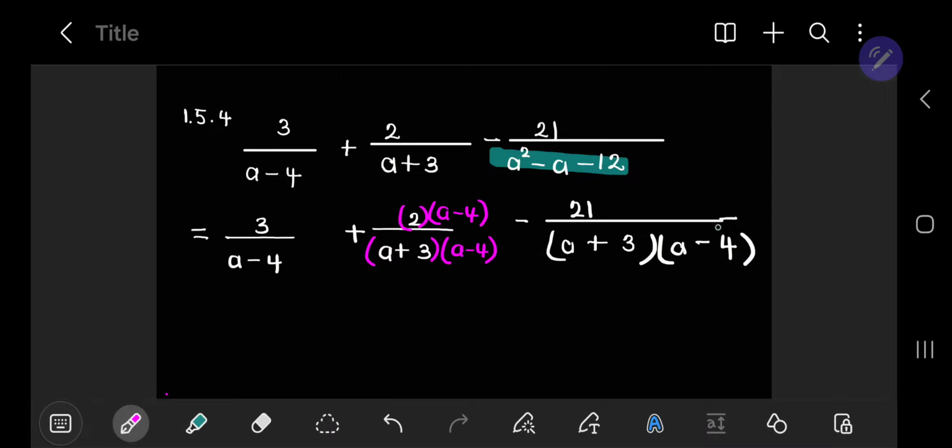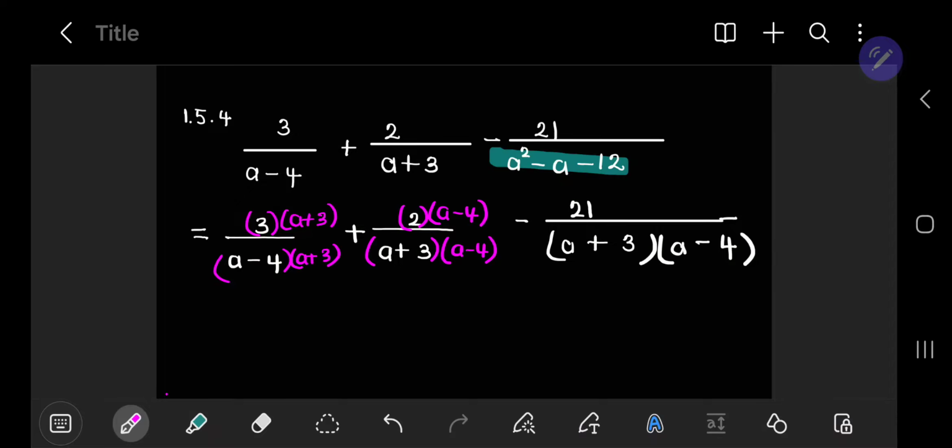The third fraction already has a minus 4, so that's fine. So now all our denominators have a minus 4. The next thing we notice is that our second and our third denominator have a plus 3, but the first denominator does not. So to include the a plus 3 there, we are going to multiply the bottom by a plus 3 as well as the top by a plus 3.